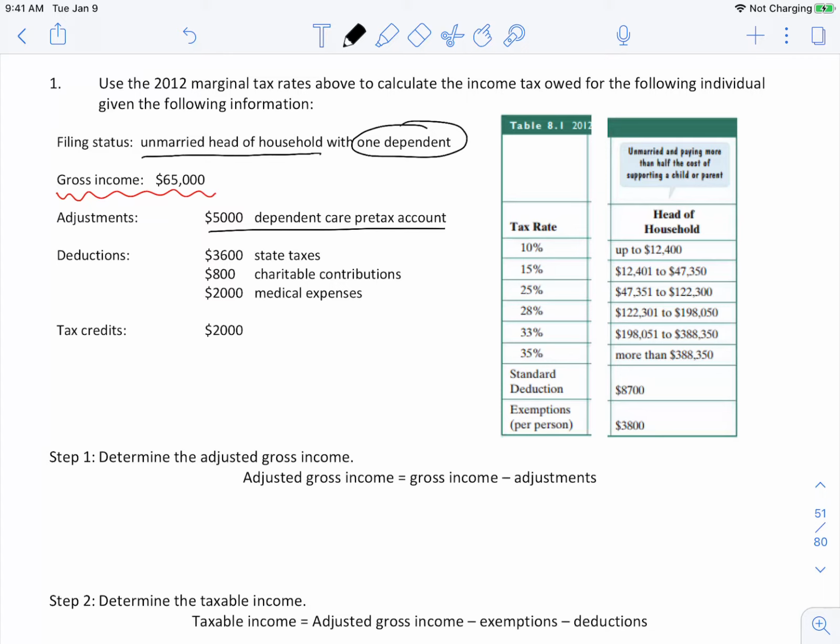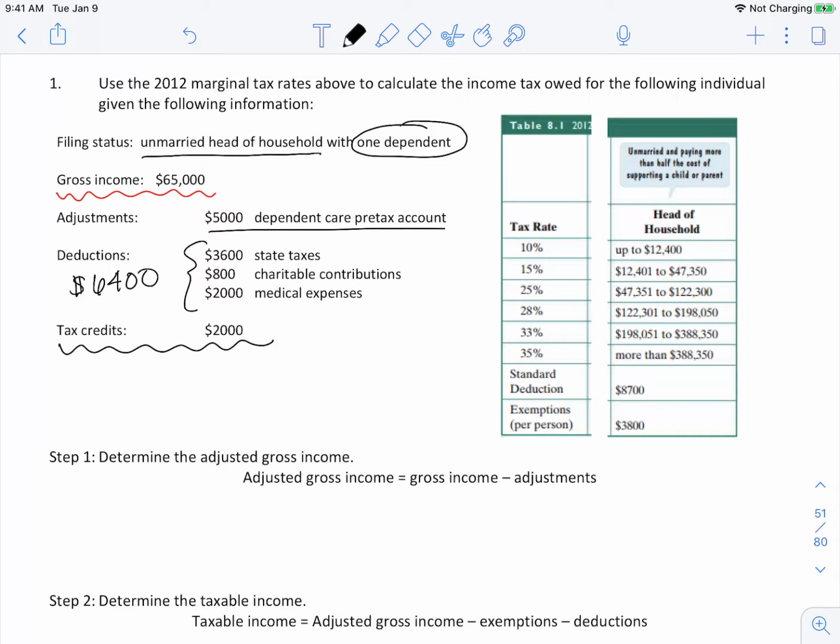The deductions that this person's taking, we have $3,600 for state taxes, $800 for charitable contributions, and $2,000 for medical expenses. So if we total this up, that is $6,400. And we see we have tax credits of $2,000. Okay, so we need to determine the adjusted gross income.